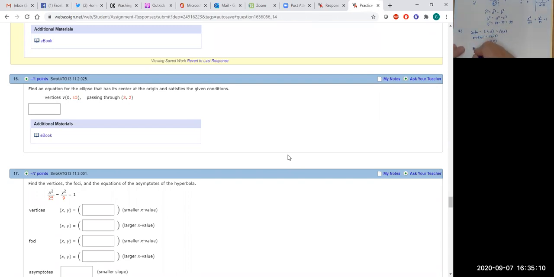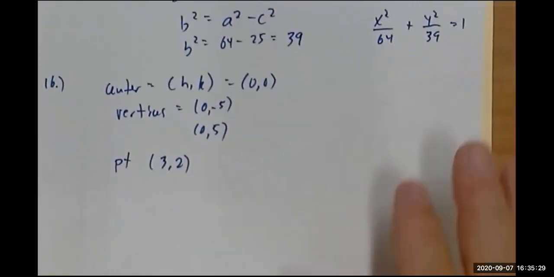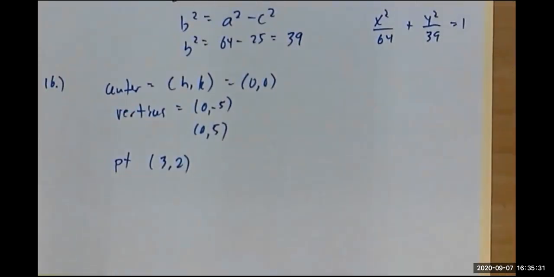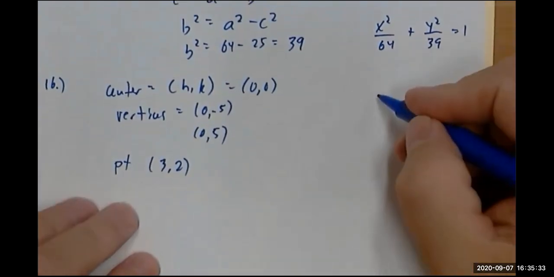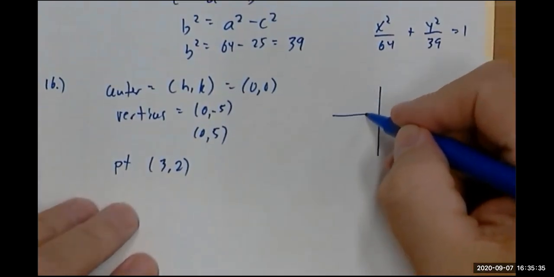And then they give us a point. So 3, 2 is a point on the ellipse. So now they want us to get the equation for this ellipse. So let's just make a quick sketch.